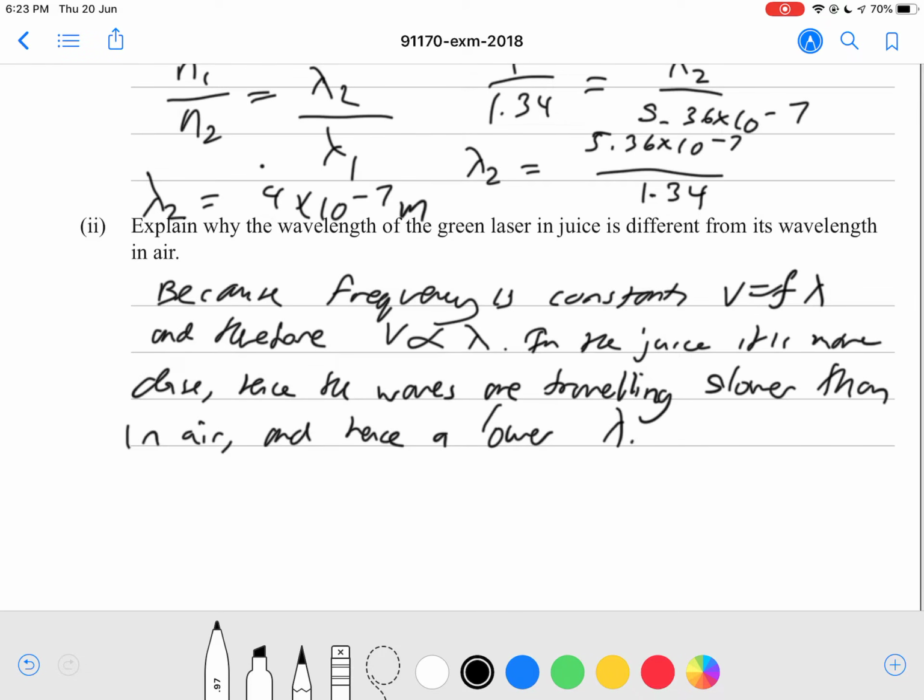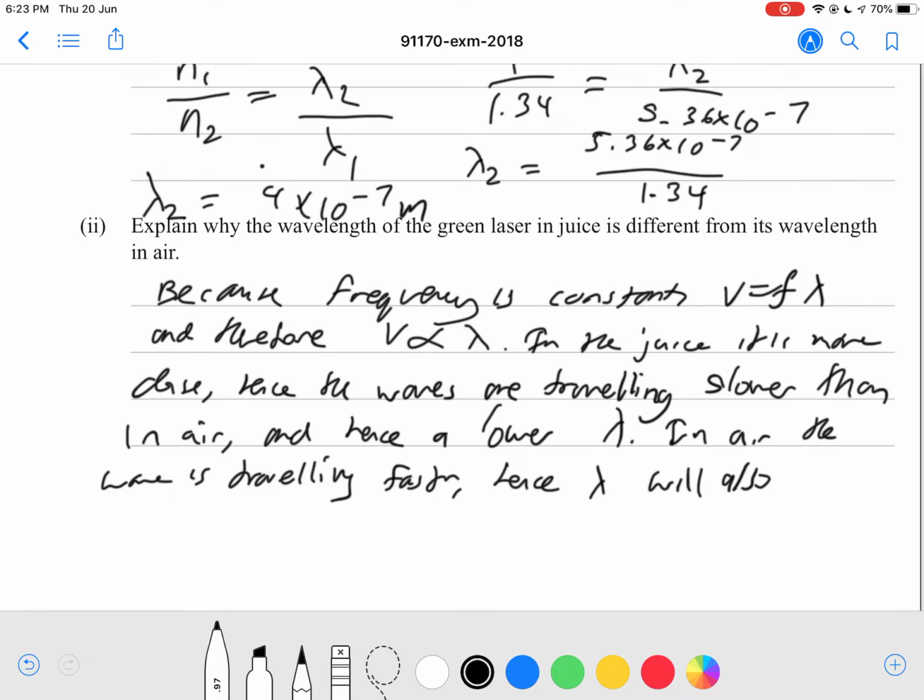In air the wave is traveling faster, hence lambda will also be larger.